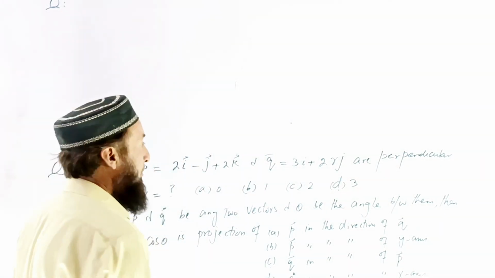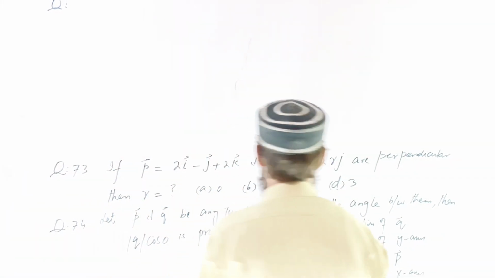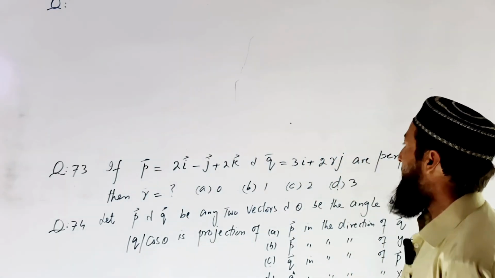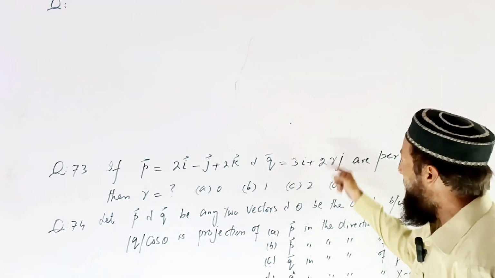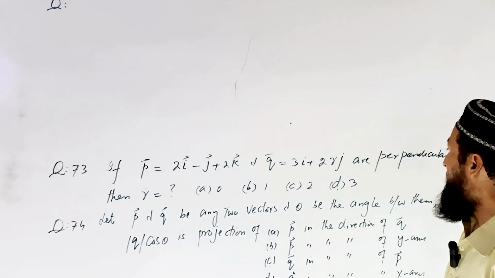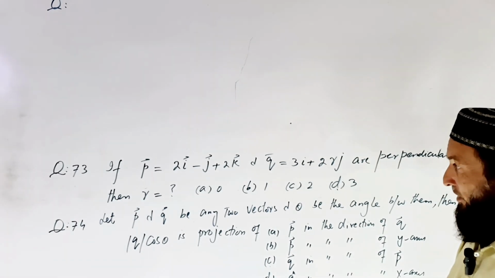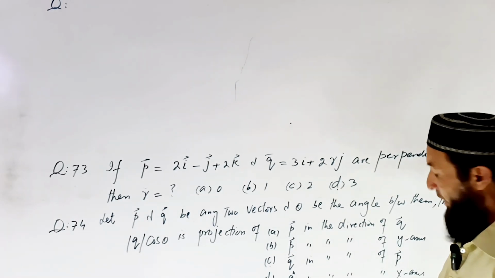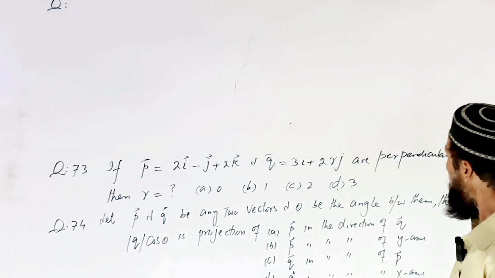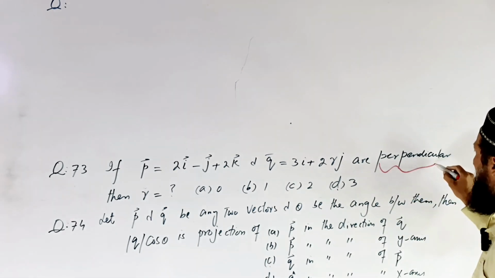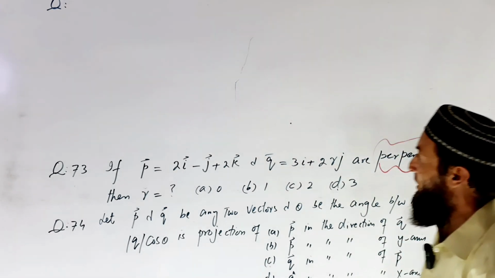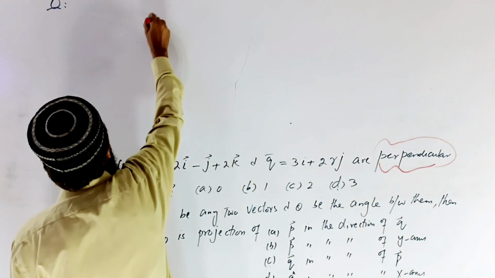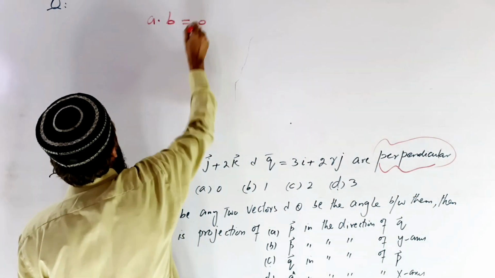Perpendicular means that P dot Q is equal to 0. Here R is given, but its value is unknown. According to the perpendicular case, we already use the property A dot B is equal to 0.